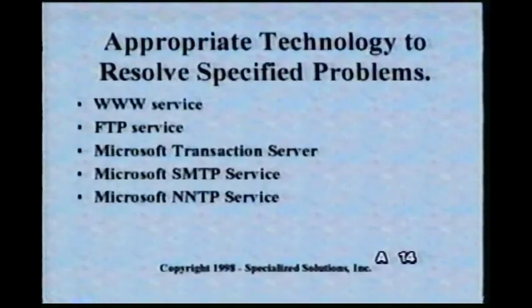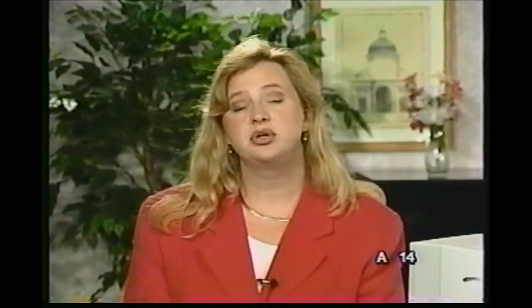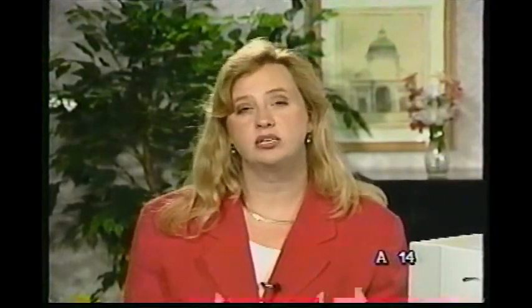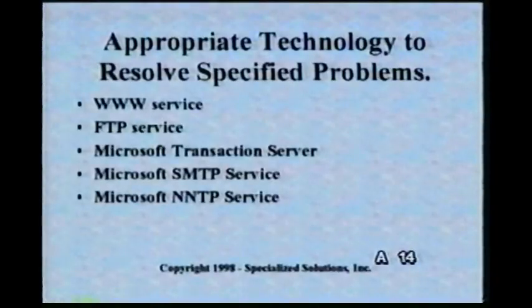You also have the ability to set up a news server by using the NNTP service, the Network News Transport Protocol. This enables you on the internet to download and receive information from the public newsgroups and post to them, or with IIS you can configure an internal news service, and that allows people within your organization to post and have discussion groups online that aren't available to other people on the internet.